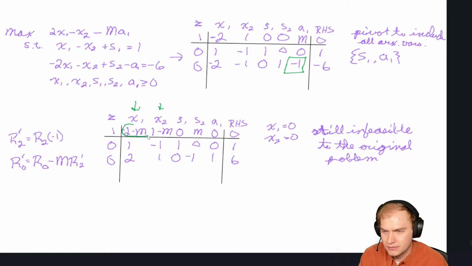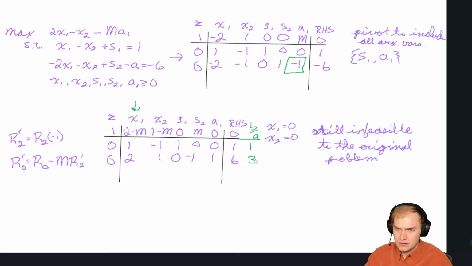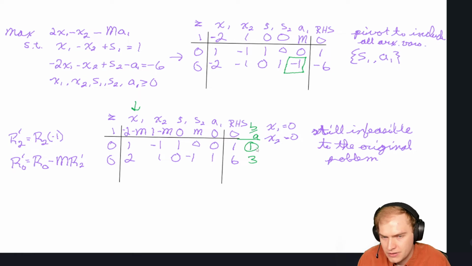But this number is definitely negative, and it's in fact more negative. So we're going to pivot on x1 for this exercise, and then we need our b over a. So that's 1 over 1. 6 over 2 is 3. So we're actually going to pick that entry, smallest positive, and pivot on that entry.